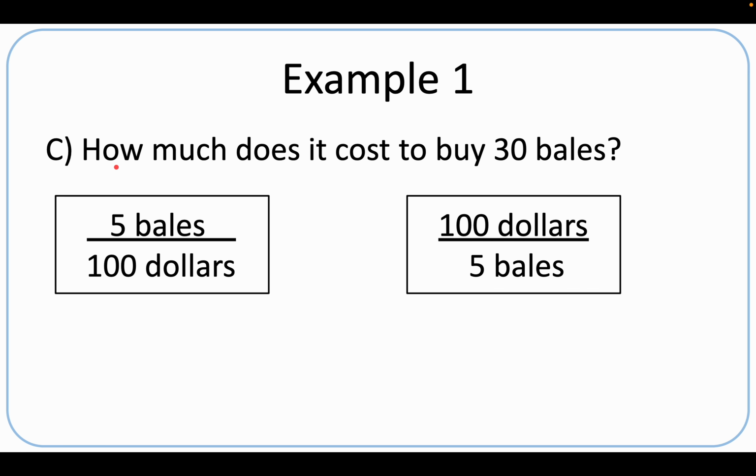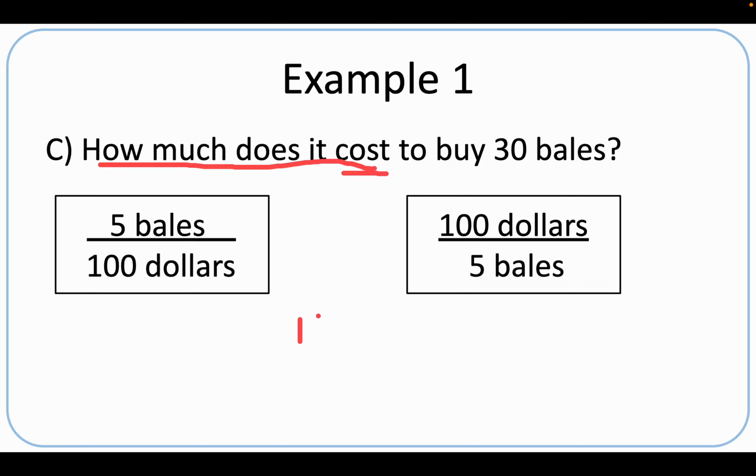All right, and the third question, how much does it cost to buy 30 bales? Again, look at your question to decide which of your two rates that you want to use. How much does it cost, right? So cost means how many dollars. So that means we're going to find the rate that has dollars in the numerator because our bales need to cancel out when we end up multiplying.